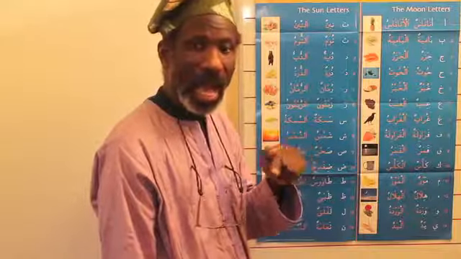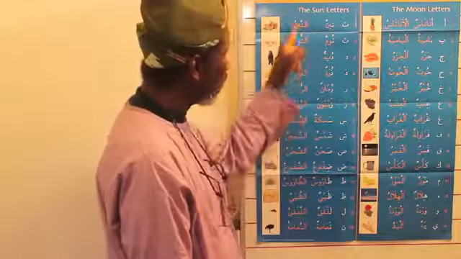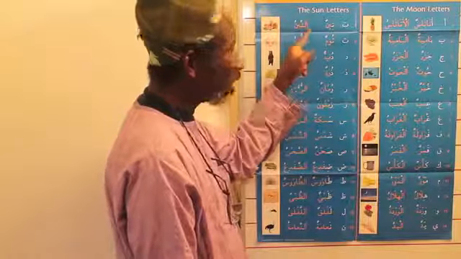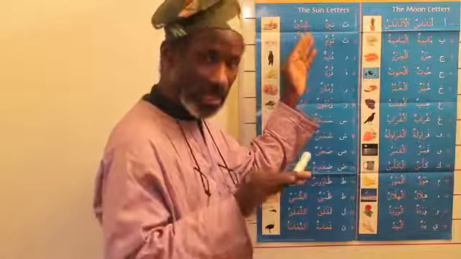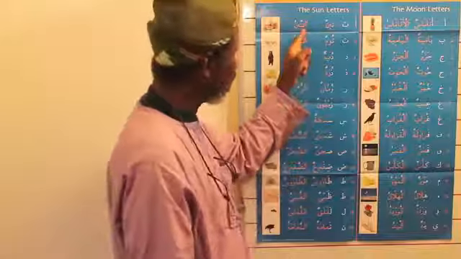You cannot hear the sound, but it's there. The letter is there. Atinu. The sun letter after the will have to carry shadda, because that shadda has sukun embedded within it. The sukun on lam has been suppressed and removed.